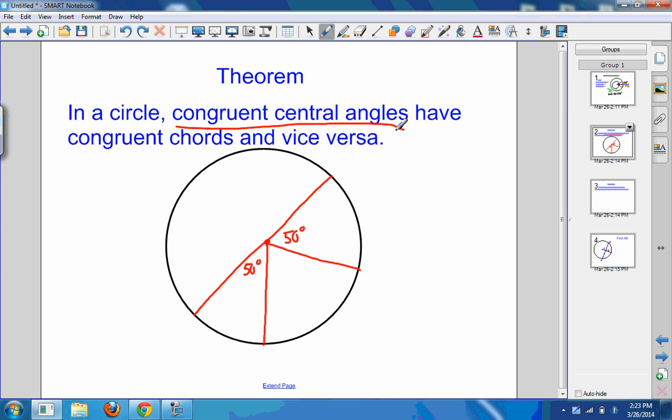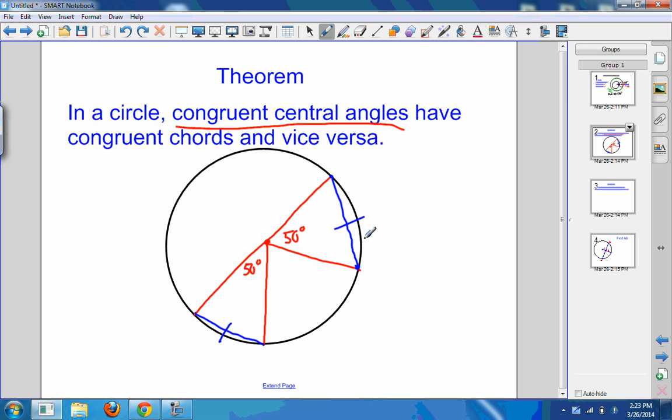In a circle, congruent central angles have congruent chords. So we have congruent central angles here. That means that they have congruent chords as well. The chord of a central angle goes from one end to the other end in a straight line. So that chord is equal to that chord. They are the same. My drawing is not quite perfect, but I think you get the idea. If we have the exact same central angle, then the chord's going to be the same as well.